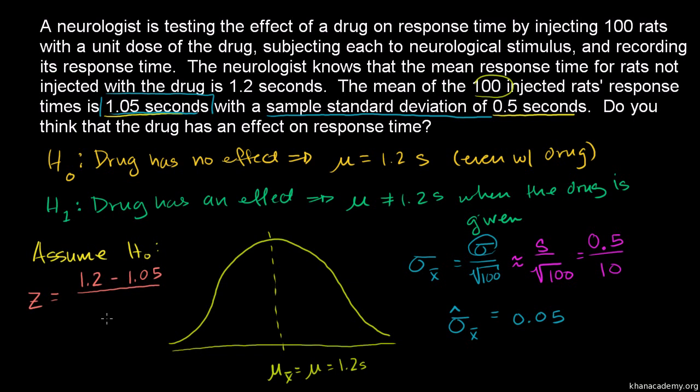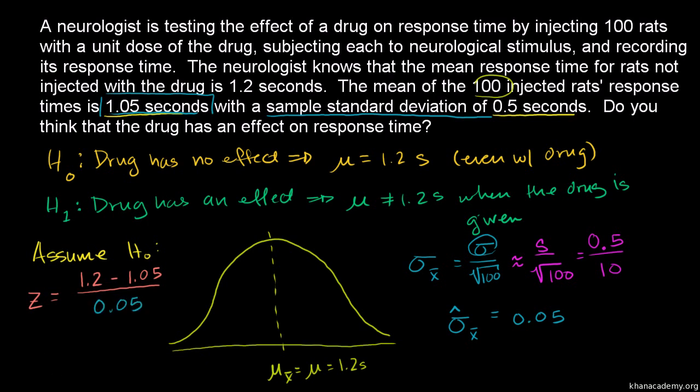And if we want it in terms of standard deviations, we want to divide it by our best estimate of the sampling distribution's standard deviation, which is this 0.05.